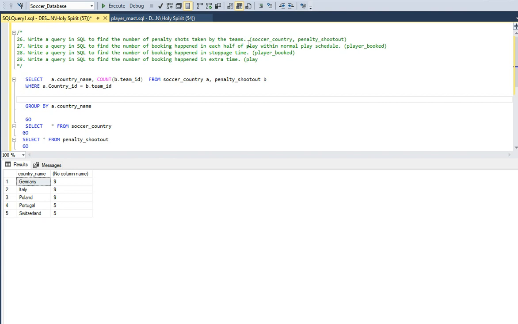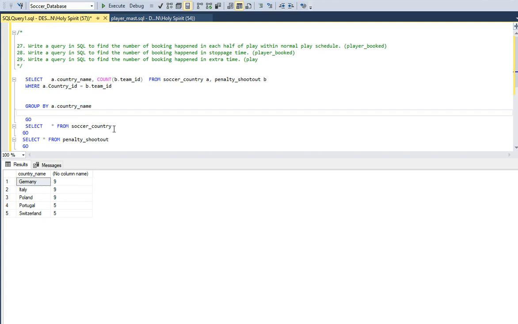Okay, we are nearly finished. I don't know how many minutes. Yeah, the next one is write a query in SQL to find the number of bookings happened in each half of play within normal play schedule. Player booked table. Copy.